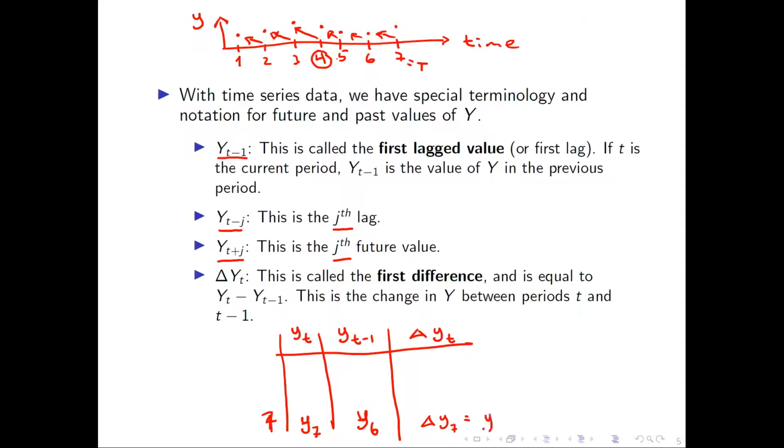So this would be the y value at time 7 minus the y value at time 6.